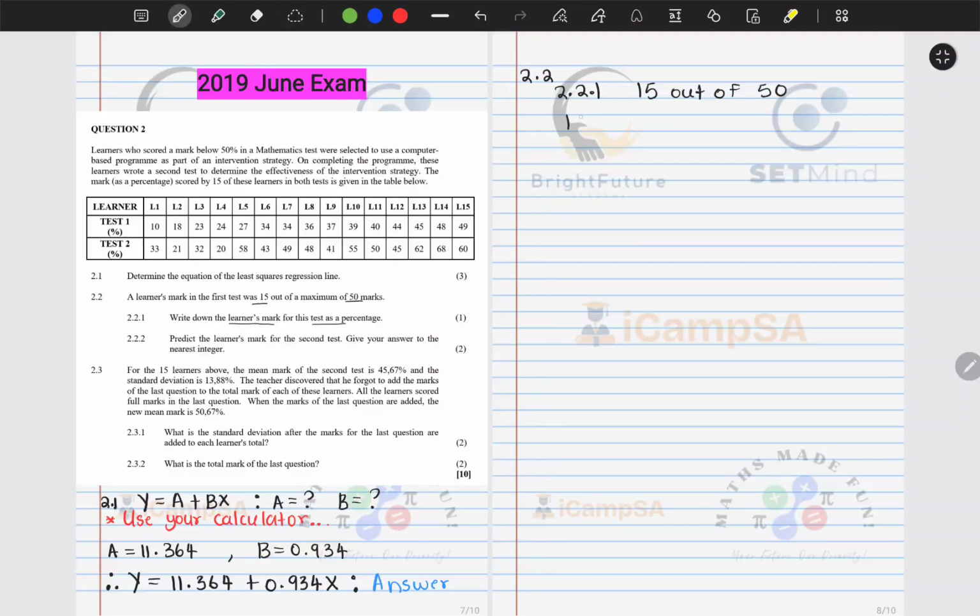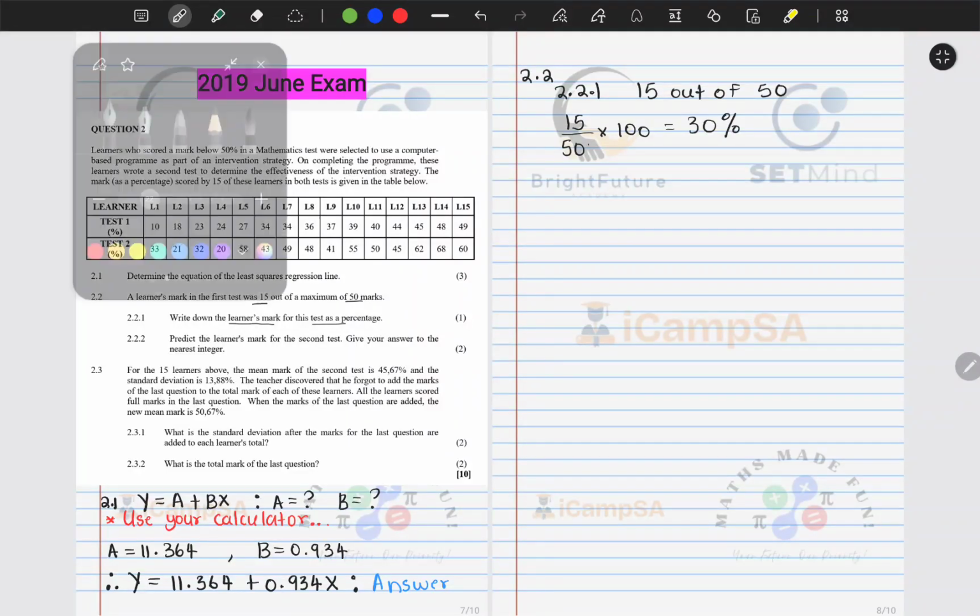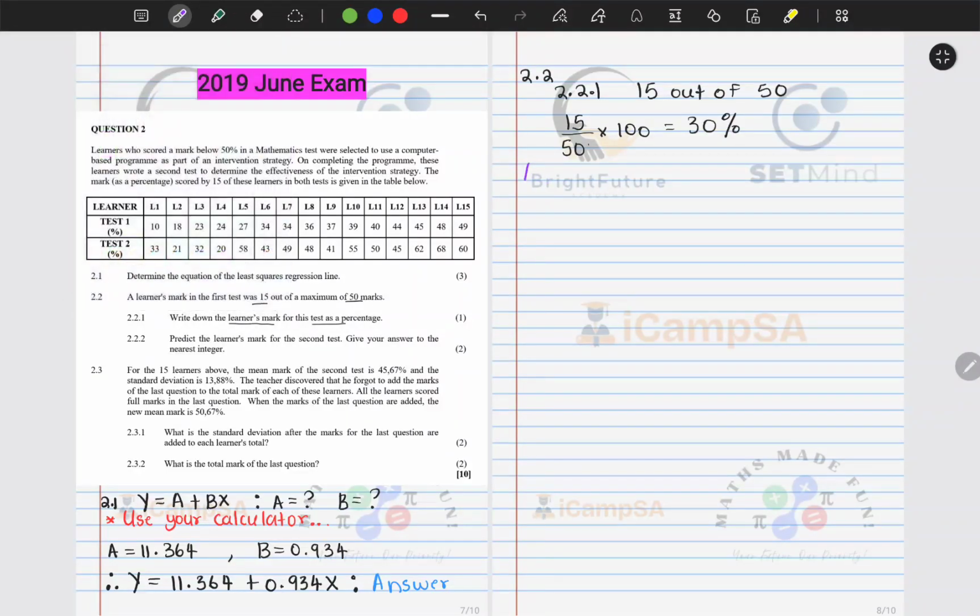So as a percentage, that becomes 15 over 50, and then multiplied by 100%. Okay. So if we have 15 divided by 50 times 100, you will see that it will end up being 30%. So we can safely say that the learner got 30%.